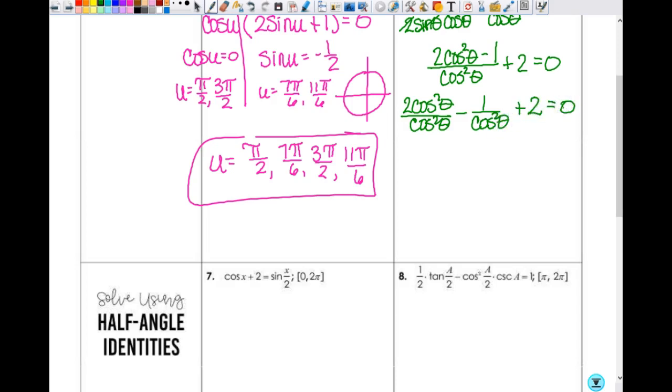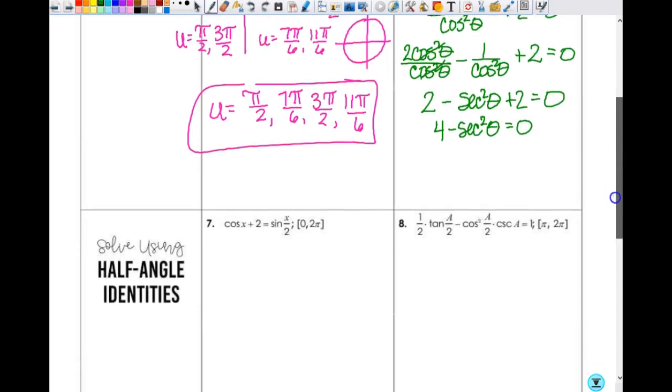So what happens with that first fraction? Yep, those cancel out. You're just left with 2. Minus, what's 1 over cosine? Secant squared theta, good, plus 2 equals 0. So that means I get 4 minus secant squared theta equals 0.